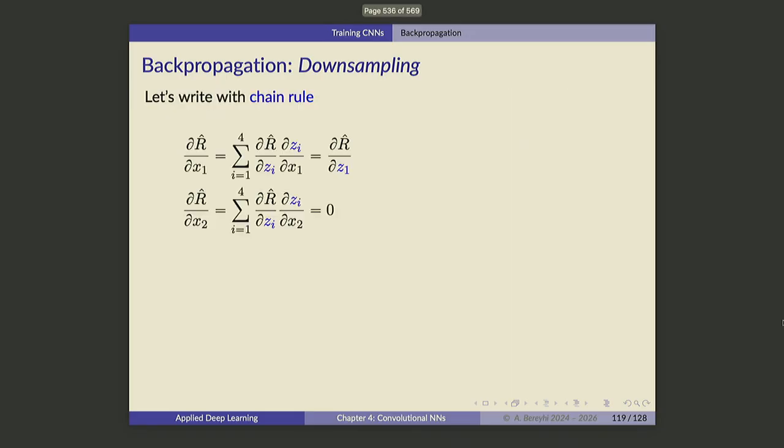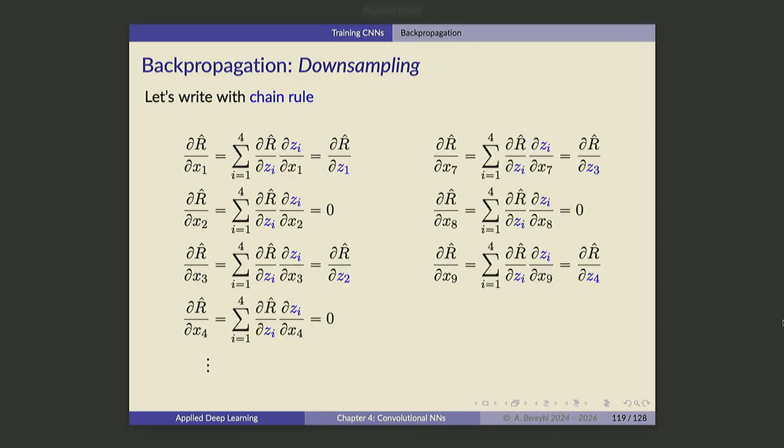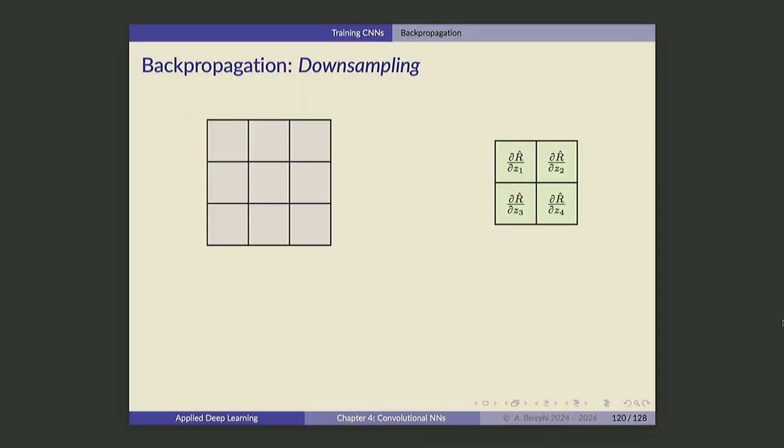And if you again write down the chain rule, you're going to see the same thing, because every single z that you have is something different from x2, and then it's simply 0, right? So you can keep on going like this. For x3, it's going to be the one you have for z2 and so on, right? So this is what you're going to see.